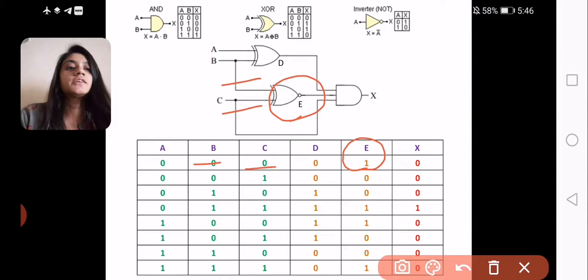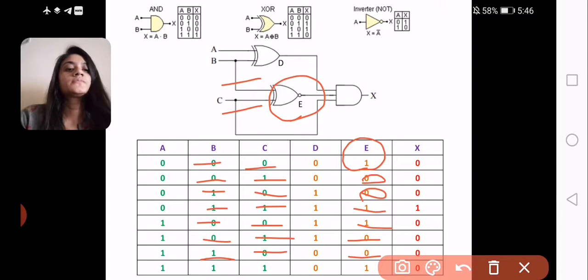So write down the first answer. 0 1 difference will give 0. 1 0 difference 0. 1 1 same bits, so answer is 1. 0 0 same bits, so answer will be 1. 0 1 difference, so answer will be 0. 1 0, so answer will be 0. 1 1 same bits, so that will give answer 1.